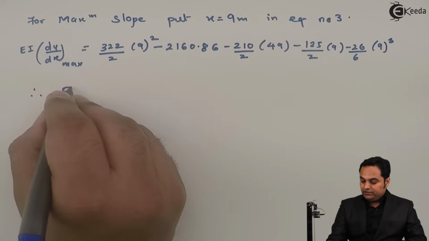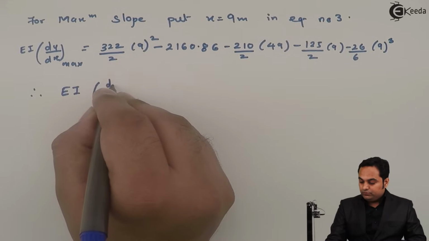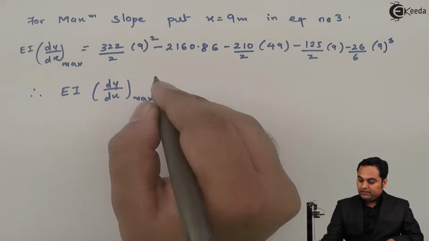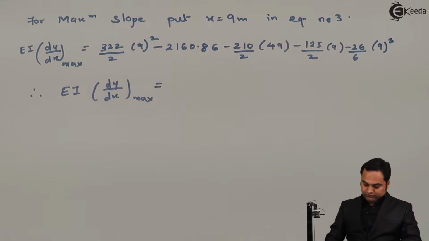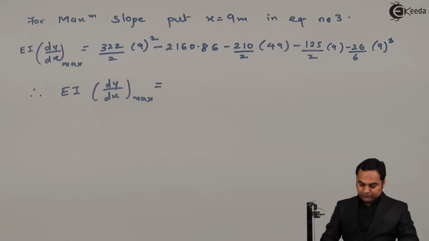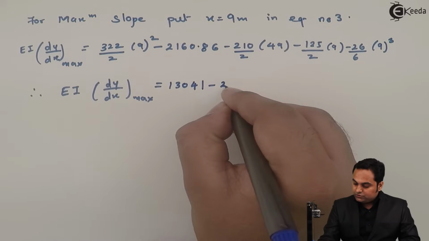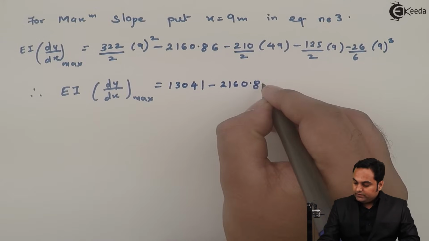So therefore EI into dy by dx maximum, I'll write the terms here. First of all, we have 322 by 2 into 9 square, that comes out to be 13041, minus 2160.86.